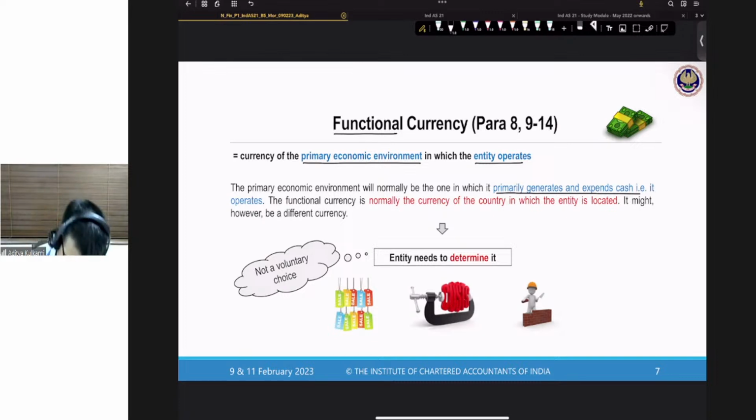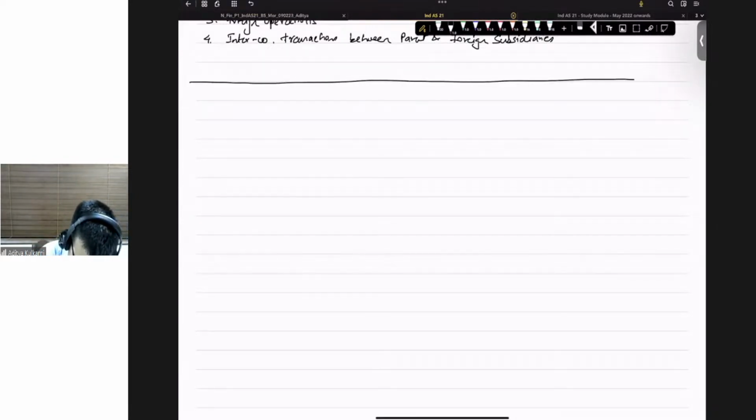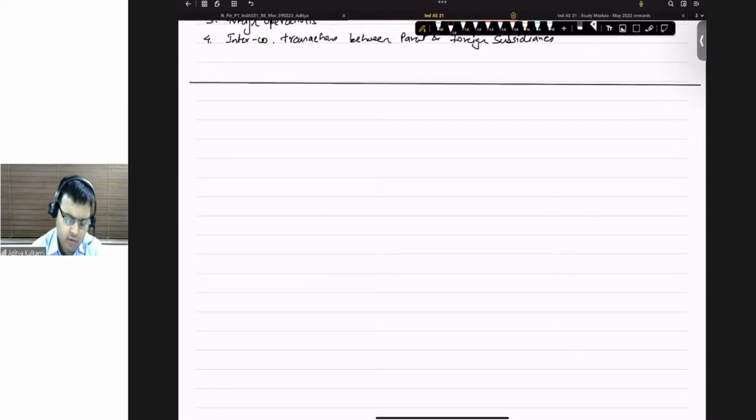And normally the standard also agrees that it is the currency of the country where the entity is located. It might, however, be a different currency. Now let us understand with a couple of examples. Now it starts to get quite interesting.